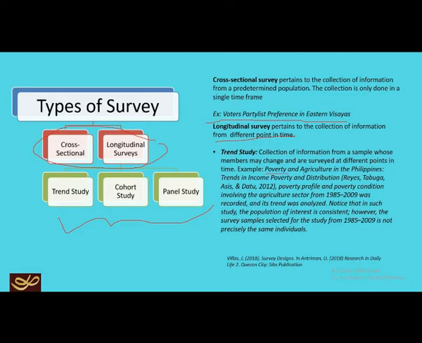And I have cited here some example. 1, poverty and agriculture in the Philippines, trends in income, poverty, and distribution. So, posible kasing buong Pilipinas yung pag-aaral na ginawa ni Reyes, Tabuga, Asis, at Batu. Pero posibleng every year, ang sinample nila na agricultural site or areas in the Philippines, posibleng iba.